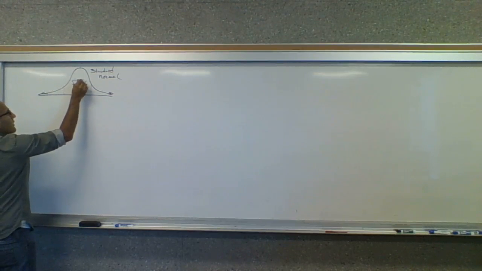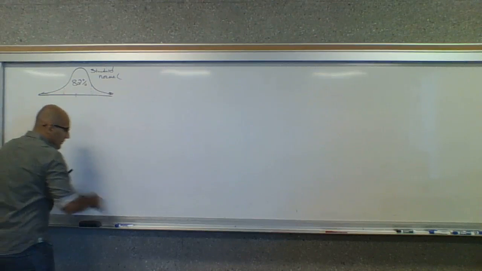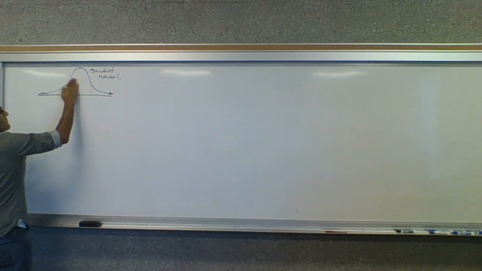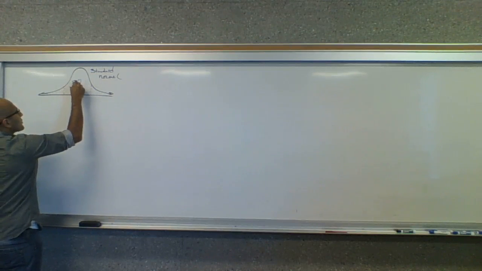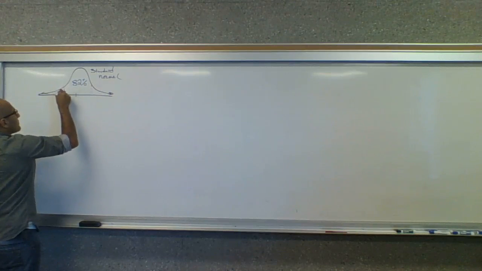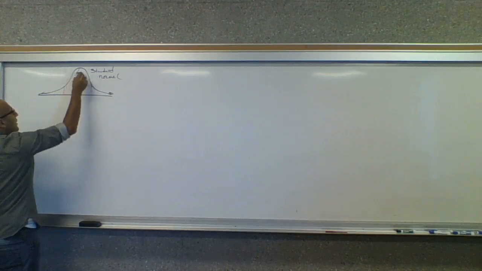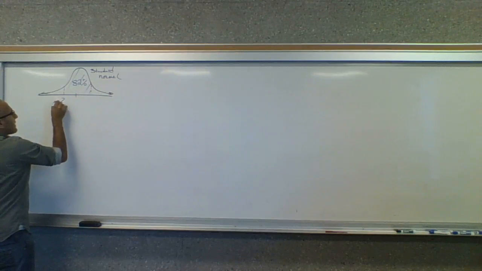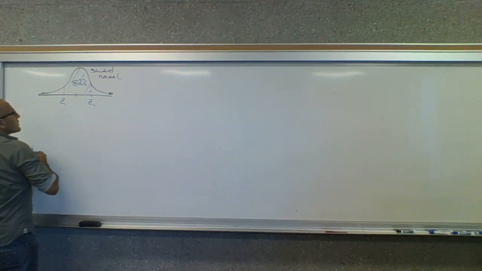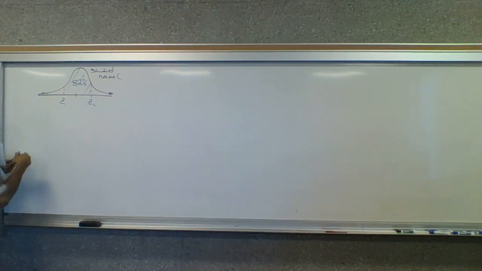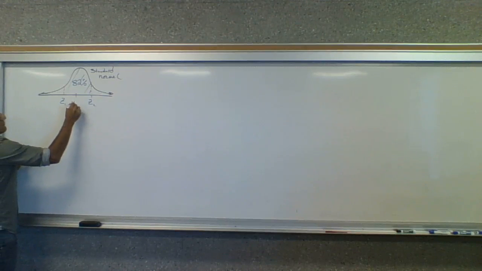That's because they've asked us to find an 82% confidence interval. So in all of these questions, they tell you what confidence interval they want. So we need to find z sub 1 and z sub 2, such that it traps the middle 82% of our data. Because it's the standard normal, we know the mean is 0, sigma is 1.